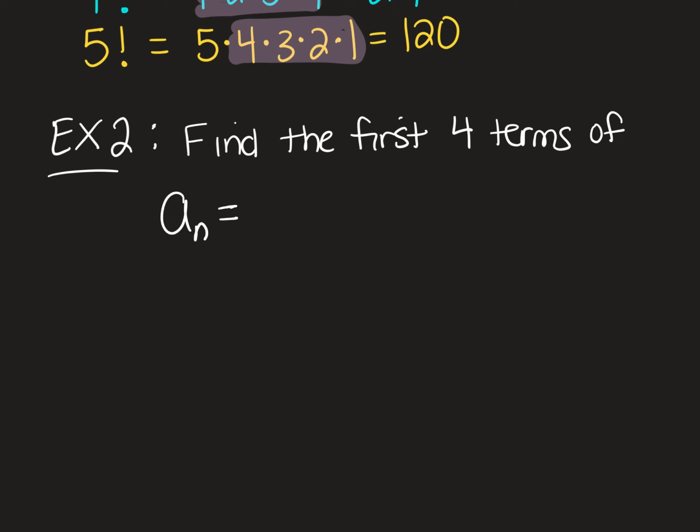A sub n equals 2 to the n power over n factorial. This time we want you to start with n equals 0. Normally we start with n equals 1, but I mentioned yesterday if I want you to start with n equals 0, you'll be told to.